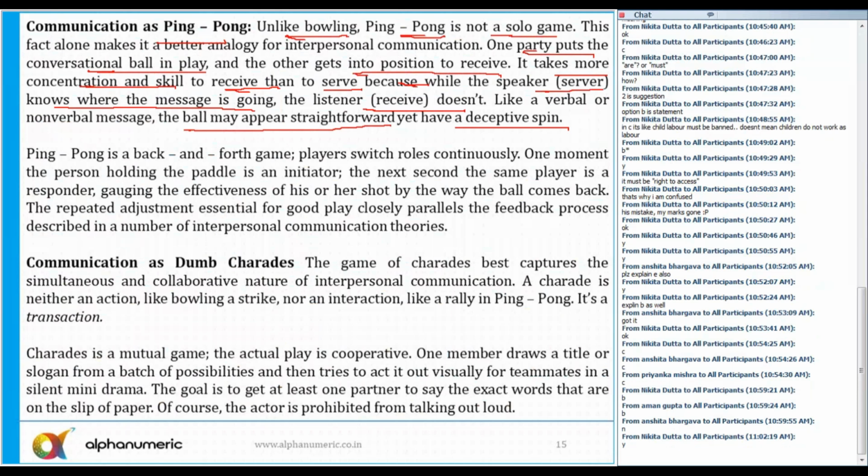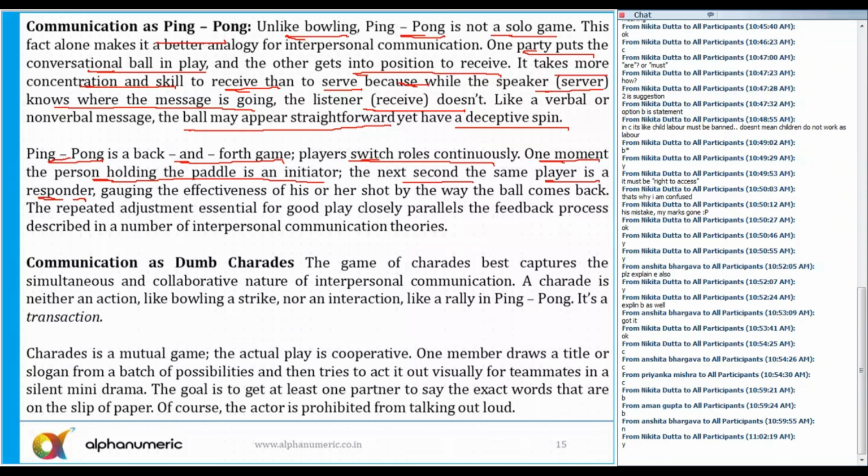He has to understand, because the speaker knows what his message is going to be. So ping pong is more like a back and forth game. Players will switch roles continuously. One moment the person holding the paddle is an initiator, the next second the same player can become a responder.